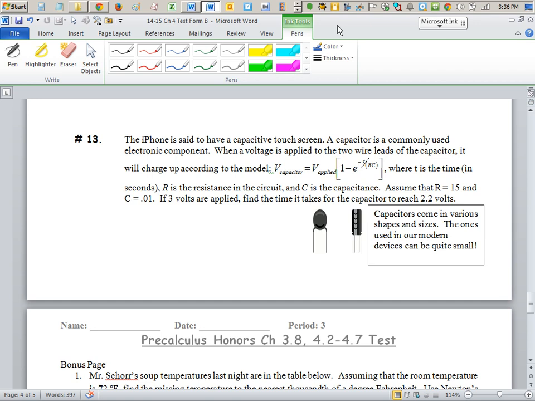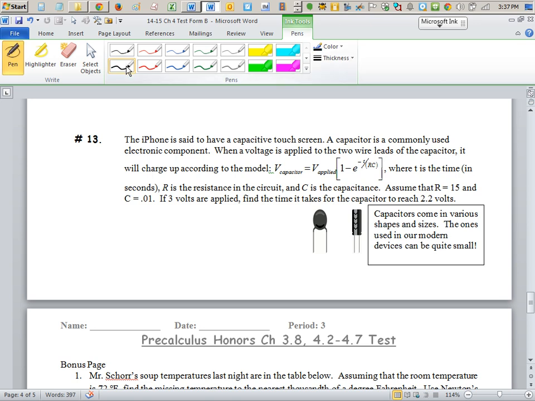Capacitance is something that each capacitor has written right on it. So you will see the capacitance written right on the capacitor. Assume that the resistance is 15 ohms and C is 0.01, let's say farads. If 3 volts are applied, find the time it takes for the capacitor to reach 2.2 volts.